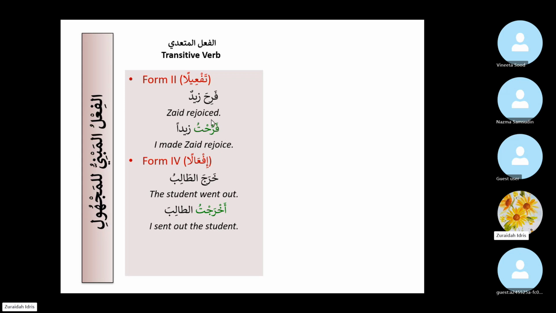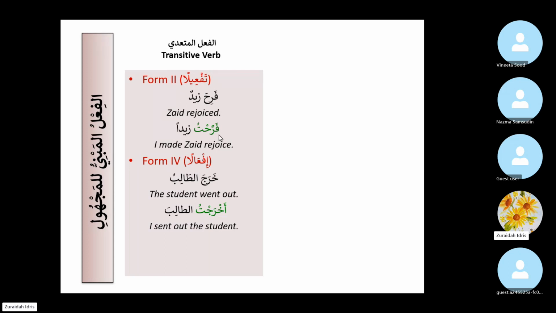So we have here something that is lazim. Zaid rejoiced. It's a complete sentence. I don't need a maf'ul bihi, so I can't make that passive. So in order to do that, I rewrite my verb in form 2, the taf'ilan.